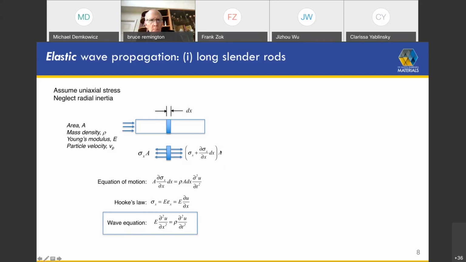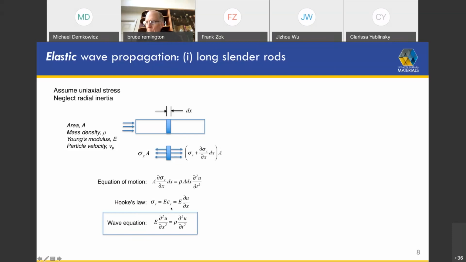So the force difference between these two is just A times the rate of change of the stress with x times dx. The right side here is mass times acceleration. This term here, rho A dx, is the volume times the density, which gives you the mass. And this is just u double dot, or the acceleration. F equals ma, very simple. If this is an elastic wave, we combine this with Hooke's law, and we say that the axial stress is related to the axial strain through the Young's modulus.